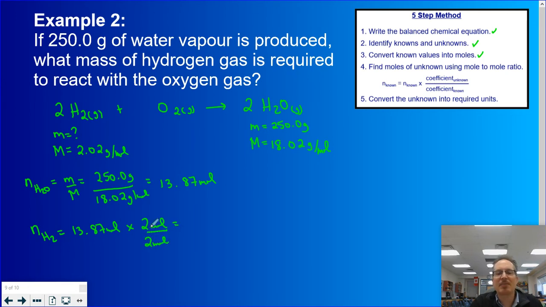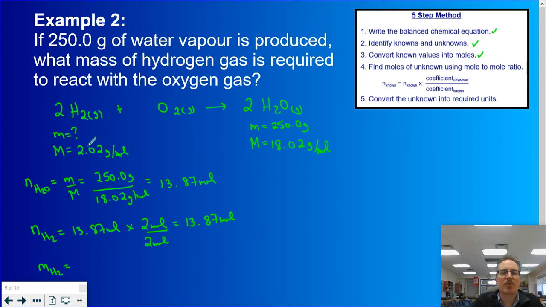So I'm going to take my full calculator number, multiply by 2, divide by 2. I think we all realize our number is going to stay exactly the same because it's a 2-to-2 ratio, so it doesn't change anything.